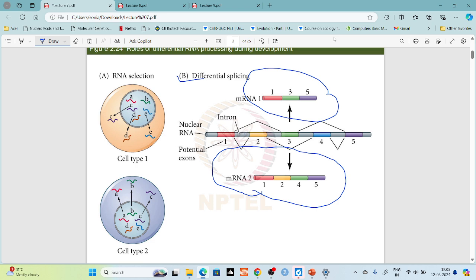So transcription and replication occur in the nucleus, and translation occurs in the cytoplasm. Now RNA selection can also lead to differential gene expression.